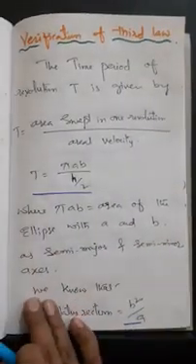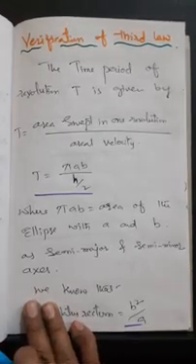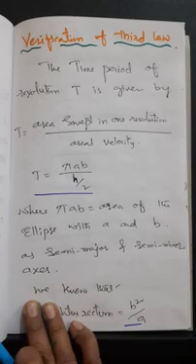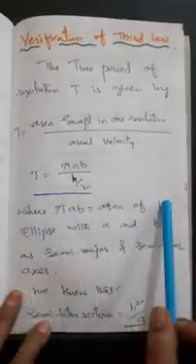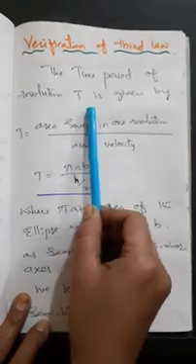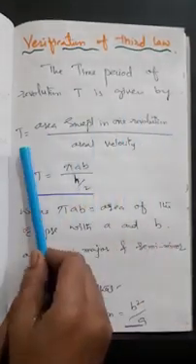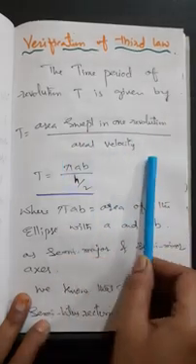So what is the third law? According to the third law, the square of the time period of the planet is proportional to the cube of the semi-major axis of the ellipse. So the time period of revolution T can be given as the area swept in one revolution divided by the areal velocity.